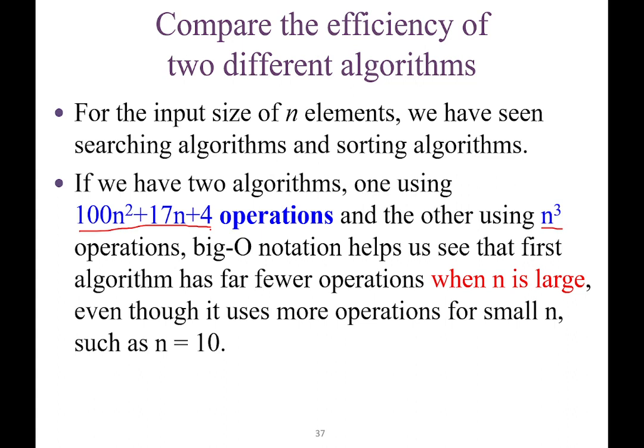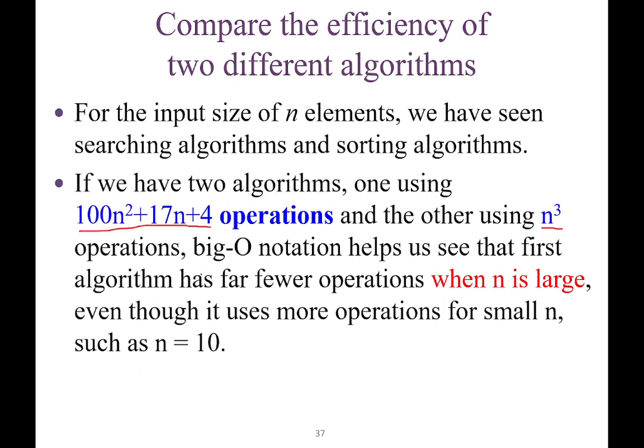For algorithms, we only consider when n is very large, because when n is small, maybe two algorithms are both very fast. It's meaningless to compare the speed or performance of the algorithms. They will have a significant difference when the input size n is large. So in this case, we only consider when n is large for this calculation of the operations.